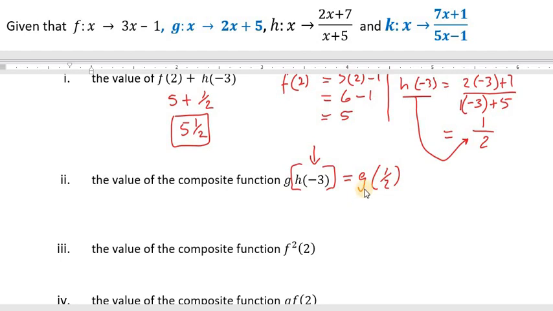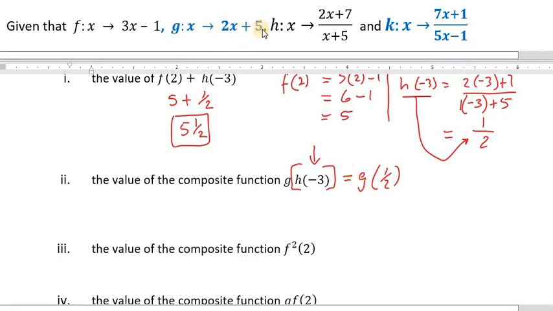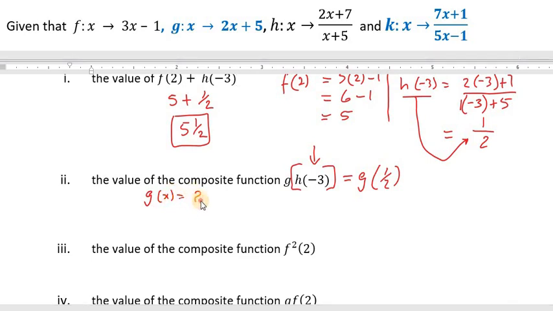So now we're looking at the g function. And what's the g function? 2x plus 5. So we recall the g function, which is g of x equals 2x plus 5. And we're going to input the half, that's our input value, which is representing h of negative 3.